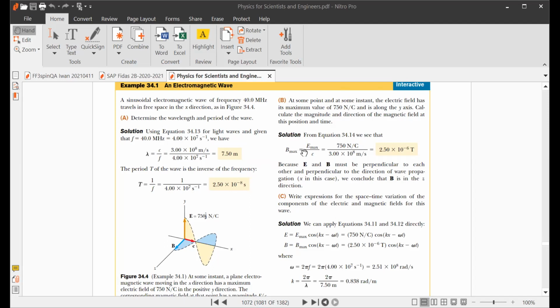This B max is equal to E max over c. This E max along y here is 750 Newton per coulomb, divided by c, we get the amplitude of the magnetic field, which is 2.5 times 10 to the minus 6 Tesla.